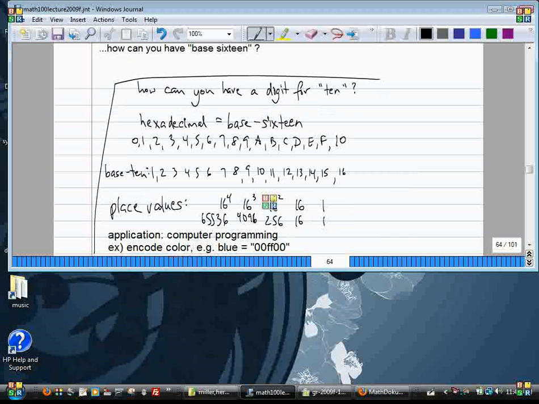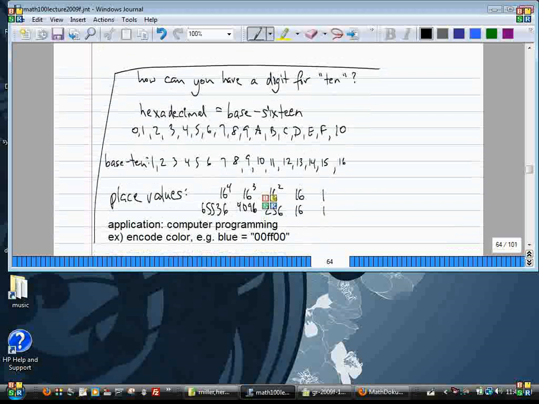I don't know if anyone here has any coding experience, but certain things are written down as hexadecimal codes. For example, when you write down colors, you may or may not know that colors in light break down into the 3 primary colors: red, green, and blue.